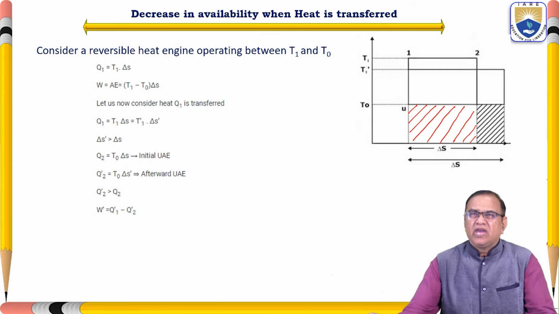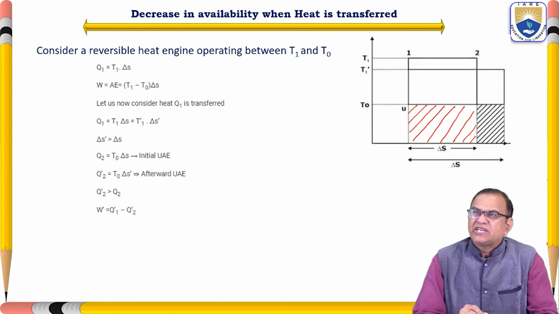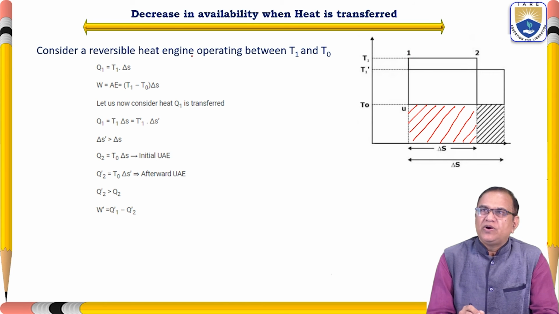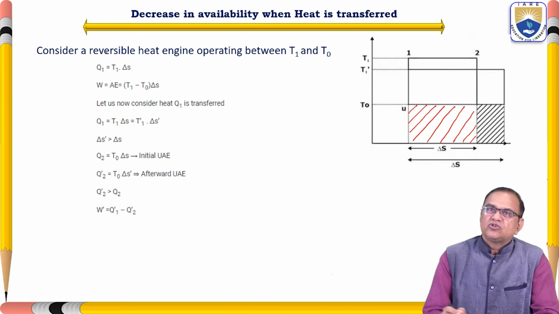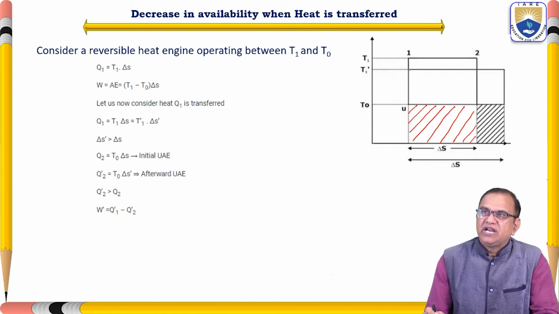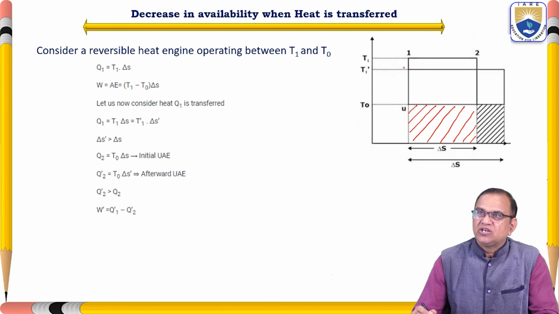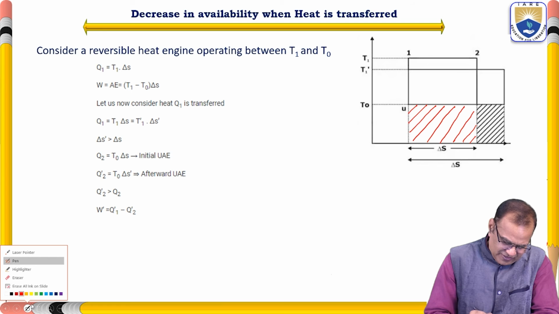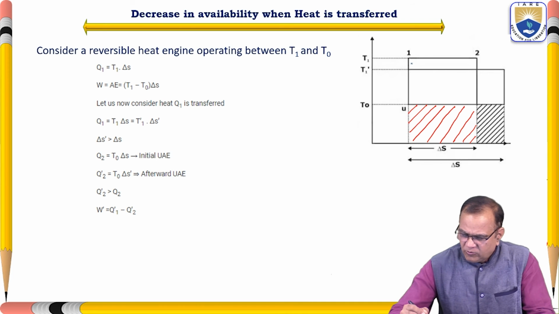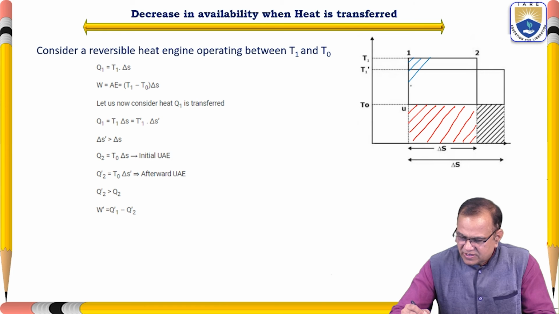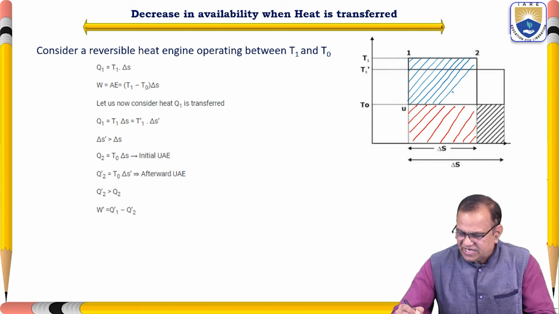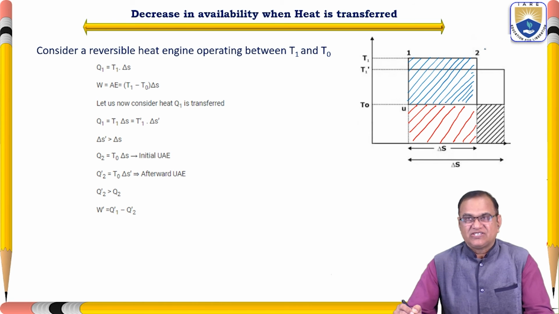Okay, so now if you see here that the Q1 at state 1 is equal to T1 into delta S. So this work done is equal to available energy, which is T1 minus T0 into delta S. This is your work done or available energy.